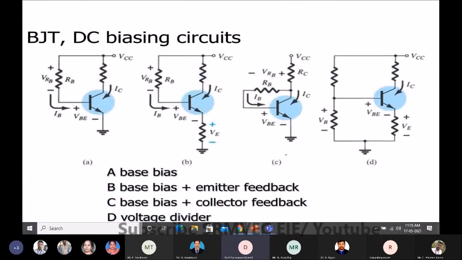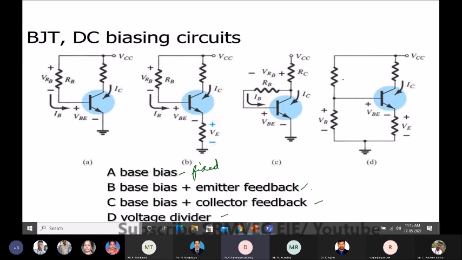So only then do you go for bias in the circuit. So there are four different biases. The first is base bias, which we call fixed bias. Then plus emitter, which we call emitter stabilized bias. Then collector to base, the collector to base bias, and voltage divider bias.